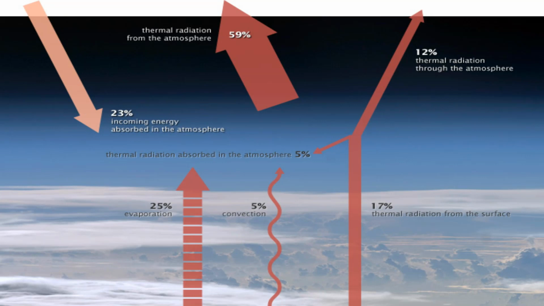So you're looking at the interactions of the atmosphere and what it does to that incoming solar radiation. That's key, because the sun's energy is what drives all of these weather patterns and weather systems, as well as heating the Earth's surface, processes that we're going to be looking at much more in depth.